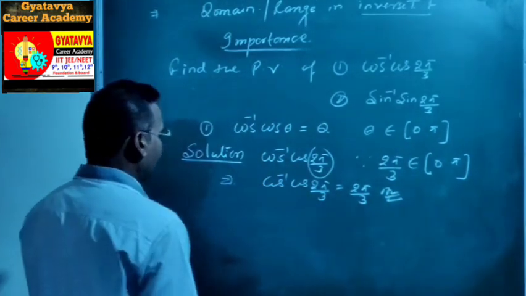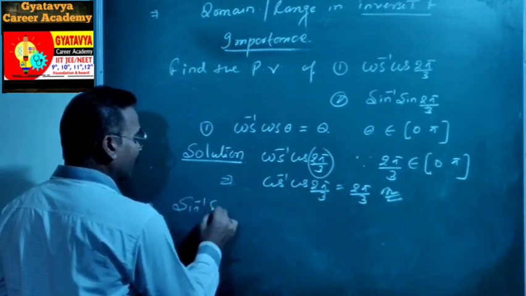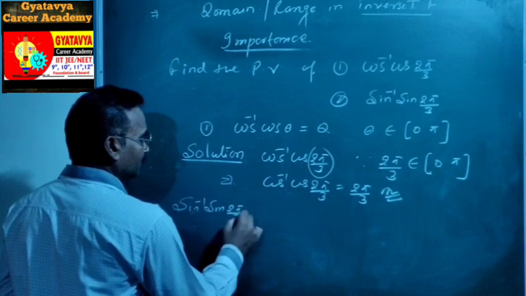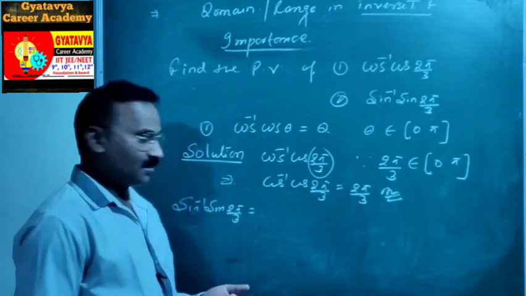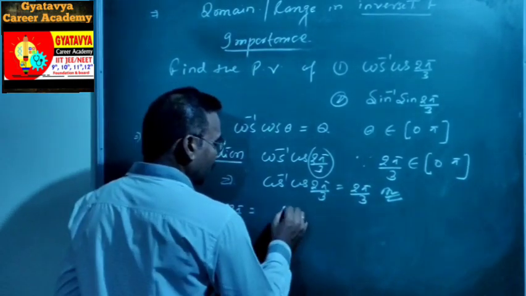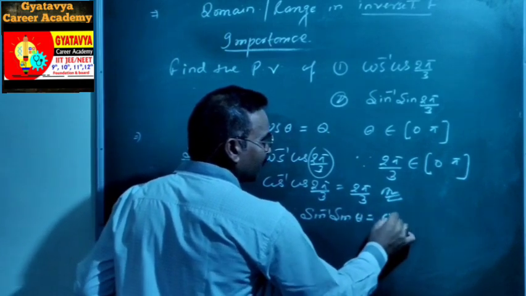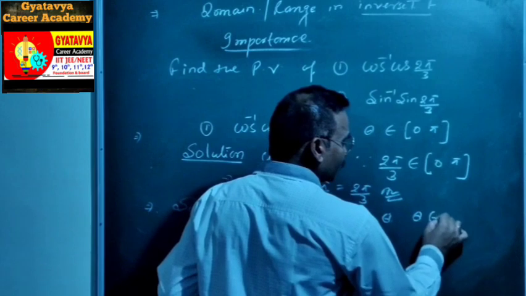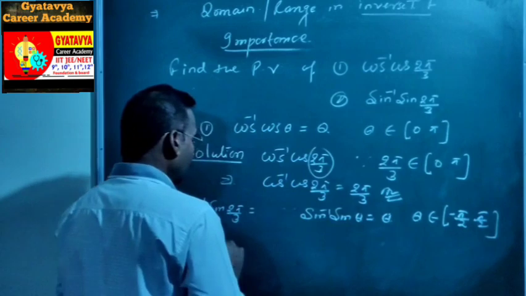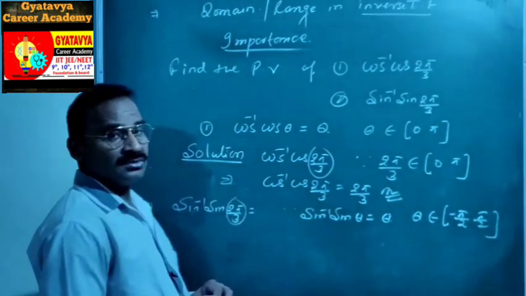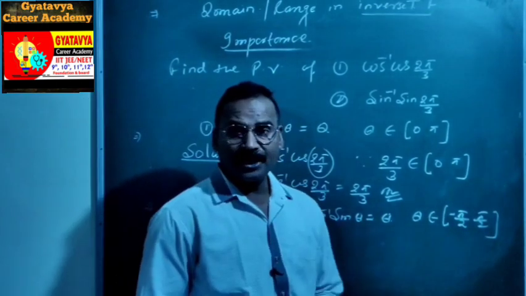Okay, in the same manner, the value of sin inverse sin 2 pi by 3: is its answer 2 pi by 3 or not? Okay, since sin inverse sin theta gives the value theta if theta belongs to minus 90 to plus 90, minus pi by 2 to plus pi by 2, but here 2 pi by 3 is equal to 120 degrees, and here we have minus 90 to plus 90.